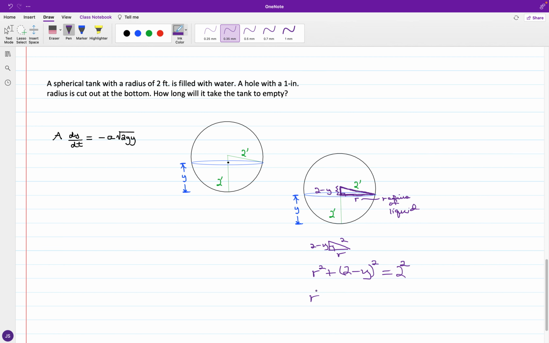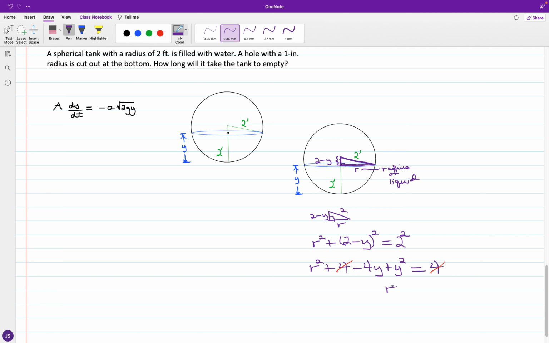Okay, so just following through, you have r squared plus 4 minus 4y plus y squared is equal to 4. And if you notice, we're going to have 4's cancel out. And when we isolate the square of the radius, r squared is going to be equal to 4y minus y squared.